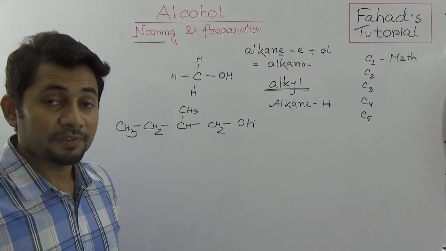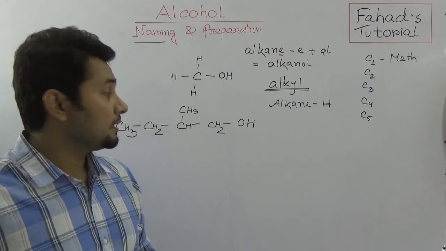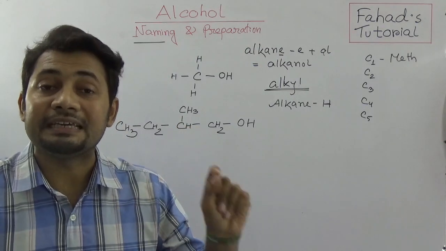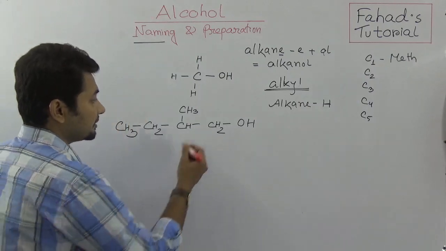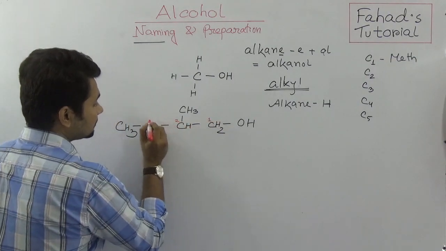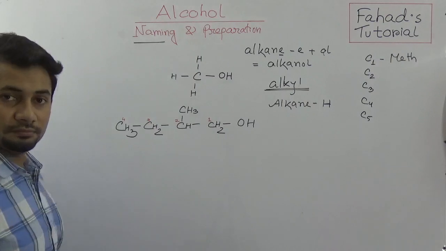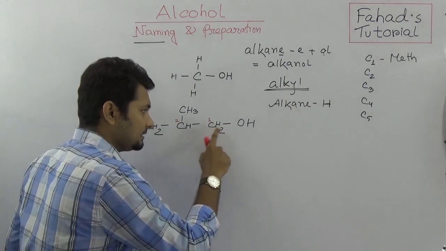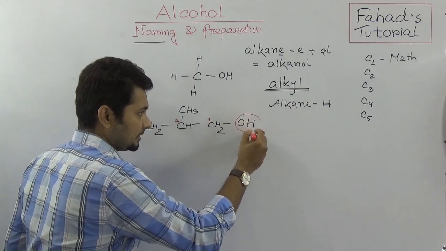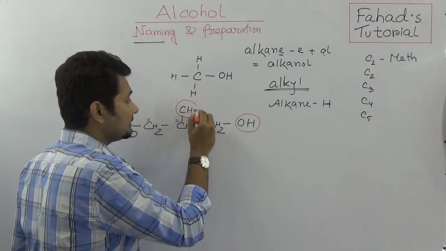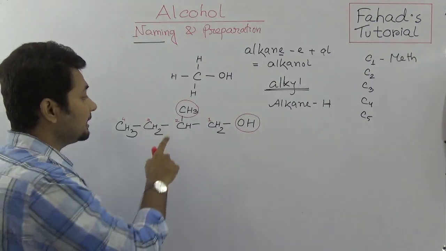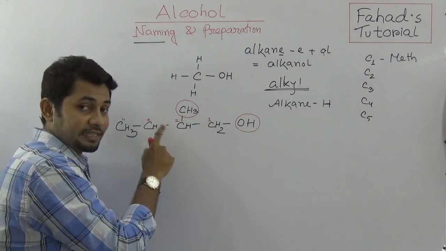What we need to know, in this case you must remember that we must count hydroxyl in the smaller number of carbon. So that is why it should be 1, 2, 3 and 4. As this alcohol group, that is hydroxyl group, is in number 1, the methyl is a branch, it is actually in the second carbon.